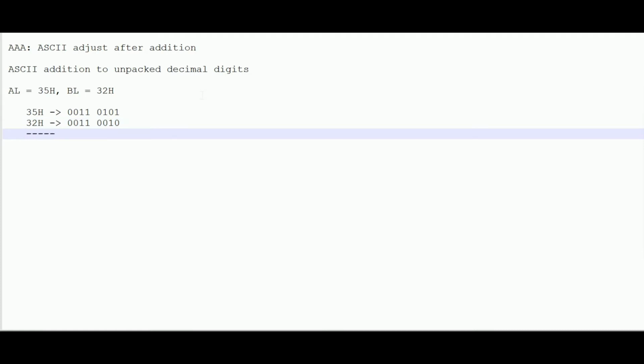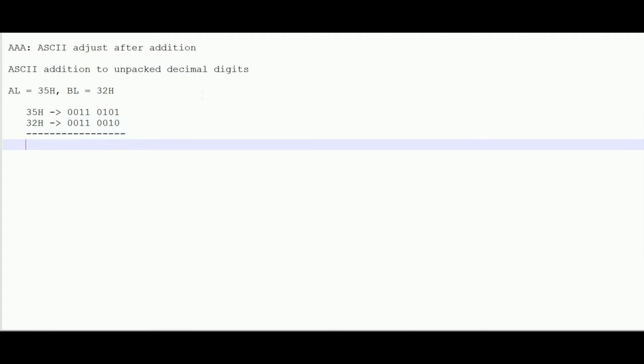If we try to add both of them, we get 0110 and 0111. This is how your addition works, that is 35 plus 32 is 67. So this is 0110 for 6 and 0111 for 7.